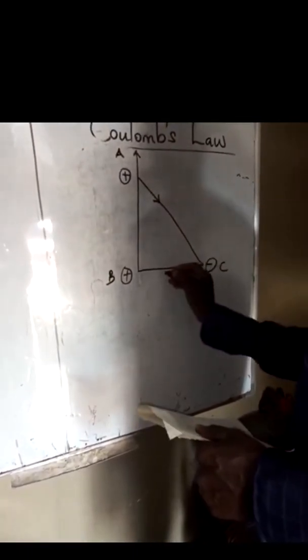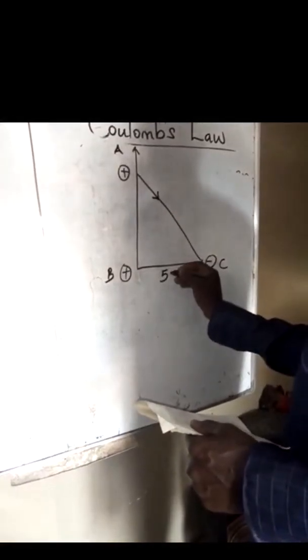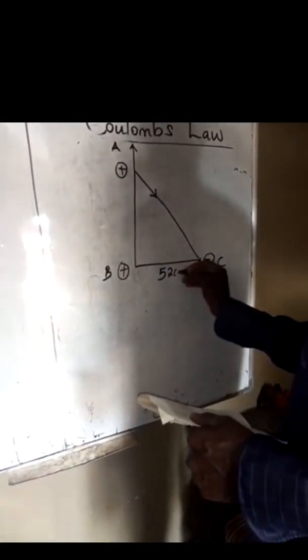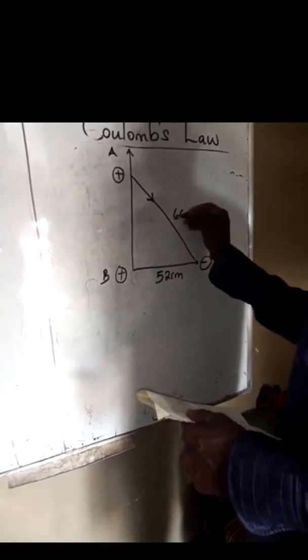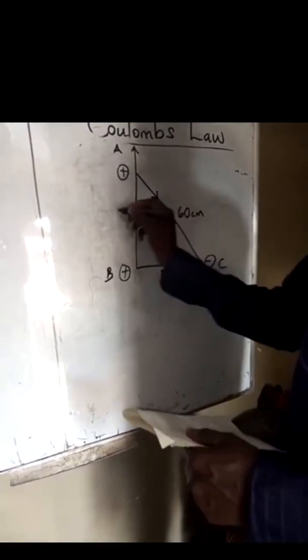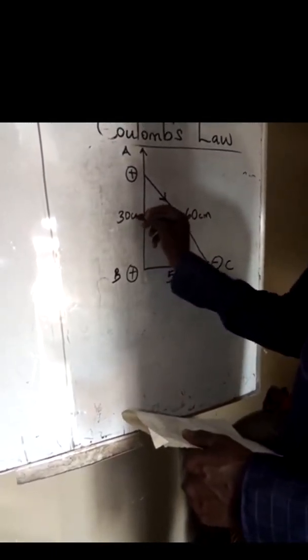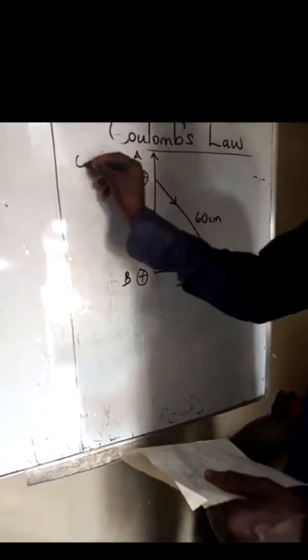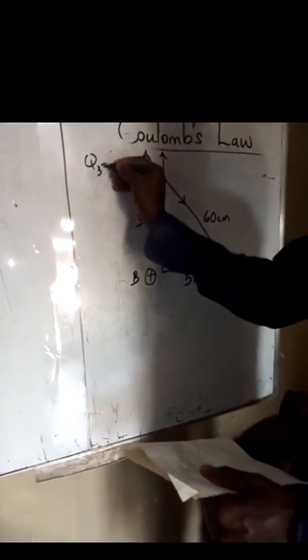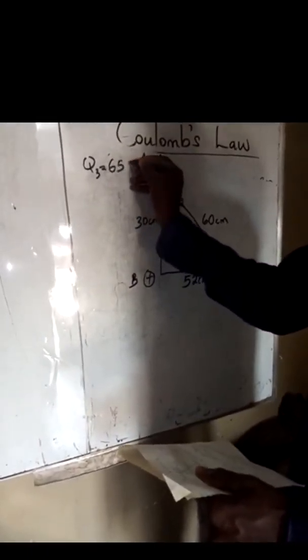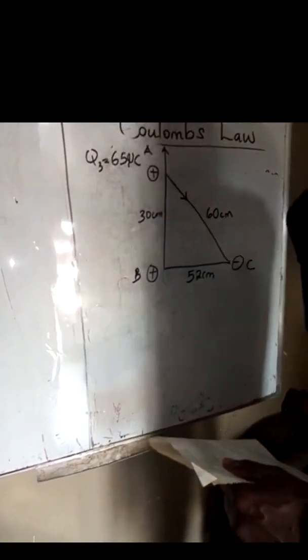Now here the radius, that's the length, is 52 centimeter, 60 centimeter, and 30 centimeter. So our Q3 is 65 microcoulombs.